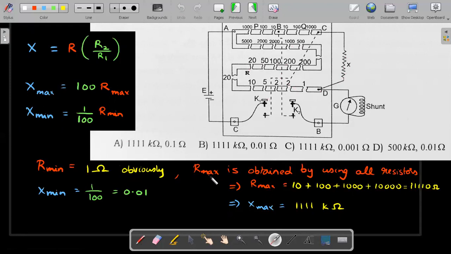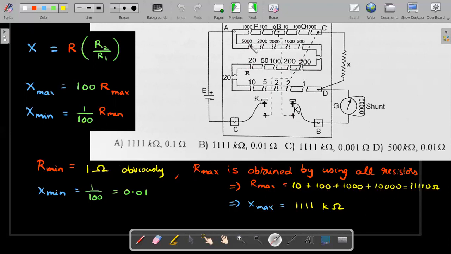In the max experiment, R max can be obtained by using all the resistors, everything you use. That means you remove all the pins, so all of this becomes series resistors. So 1, 2, 2, 5 gives you 10. 10, 20, 20, 50 will give you 100. So you'll get all the possible digits like this.